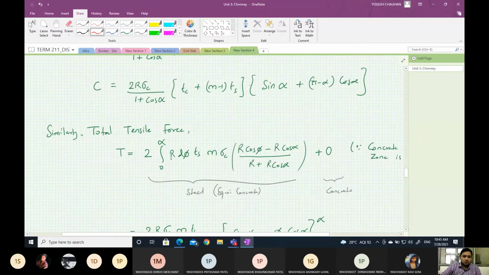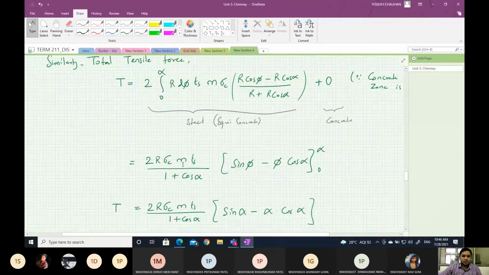So 2 times integral 0 to alpha r d phi ts m sigma c times r cos phi minus r cos alpha divided by r plus r cos alpha, plus 0, because the concrete is ignored on the tension side. So there is no contribution from the concrete. Only the steel contributes, which we are converting into equivalent concrete by multiplying the modular ratio.